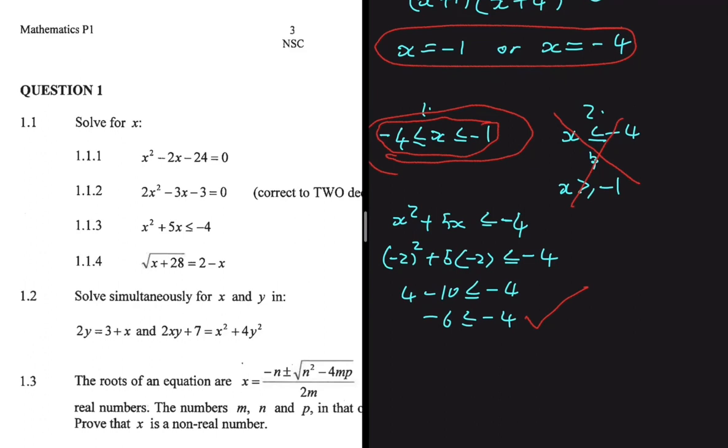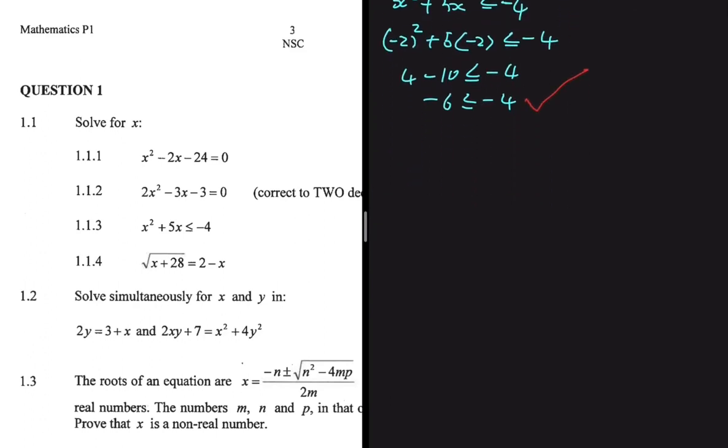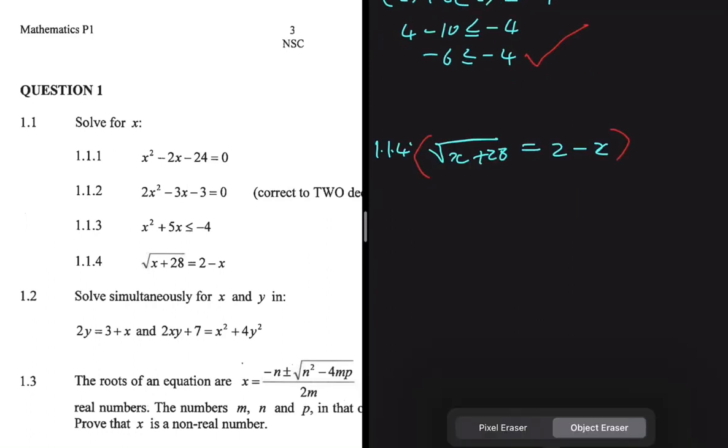1.1.4. So for 1.1.4, we have the square root of x plus 28 being equal to 2 minus x, right? So let's square both sides here and see what happens. So we have the left hand side squared and then the right hand side squared.